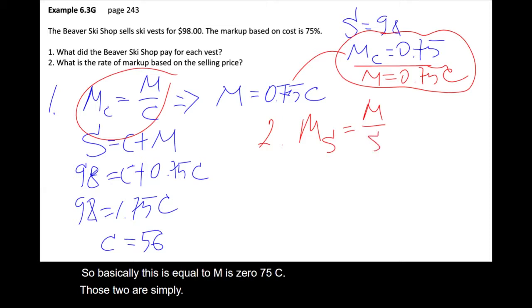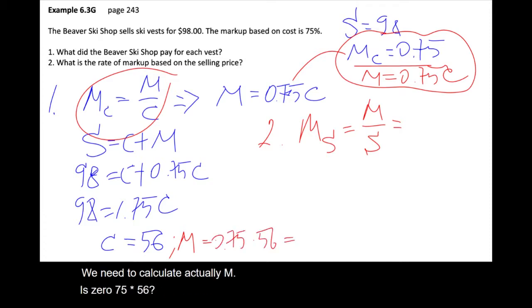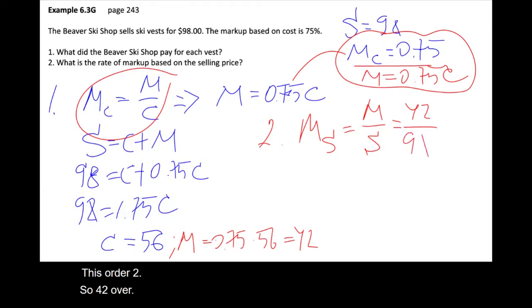Okay. So M over S. The amount of markup we actually need to calculate. M is 0.75 times 56, which is 42. So 42 over 98.